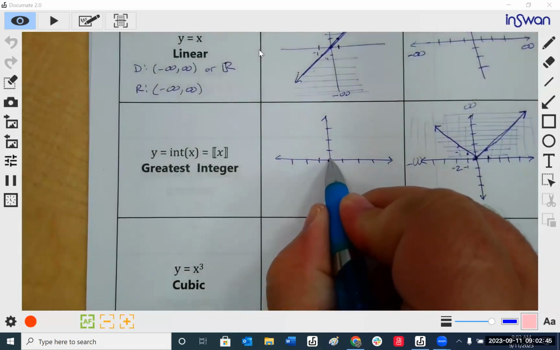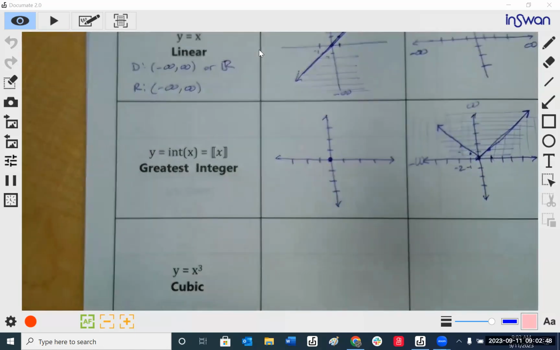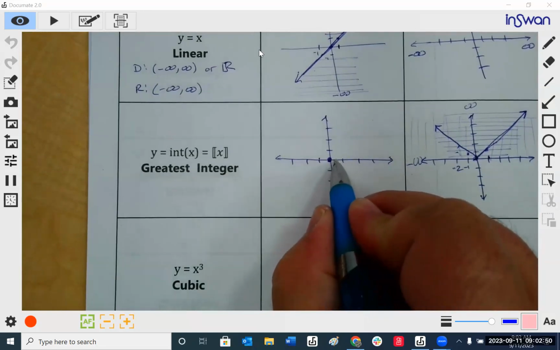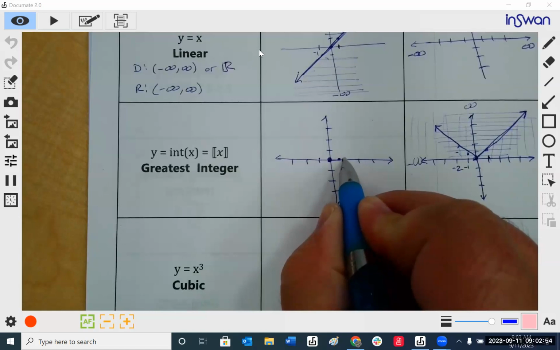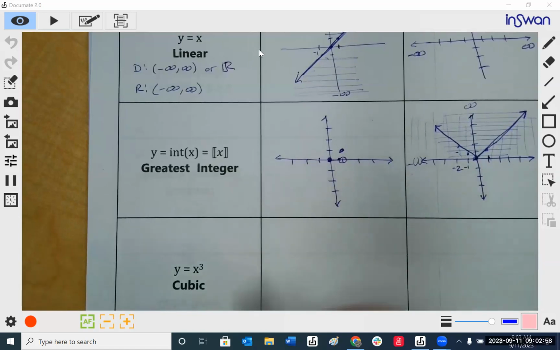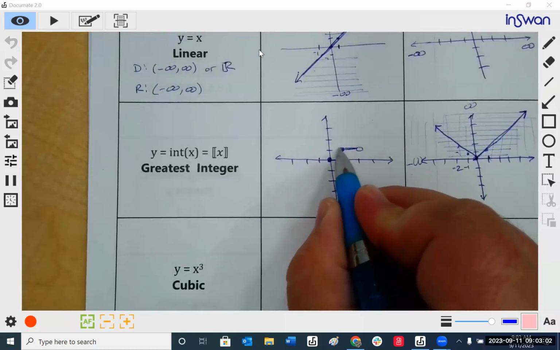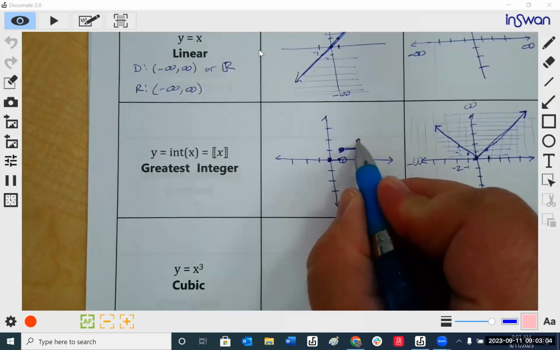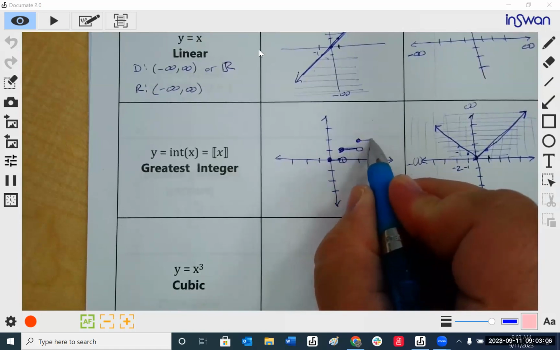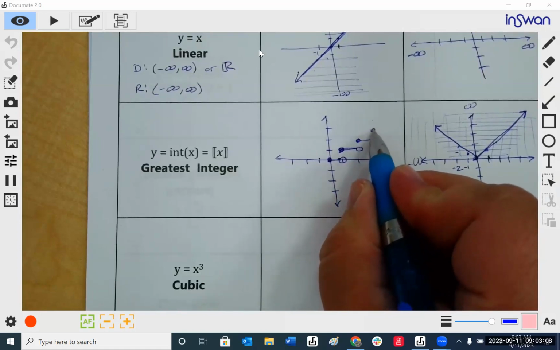So when x is 0, y is 0. When x is 0.5, it's 0. All the way to 1.0, then it jumps to 1. It stays that way until it gets to 2.0. Then it jumps to 2. Then that goes to 3, and that jumps to 3.